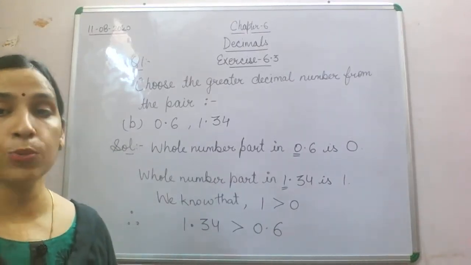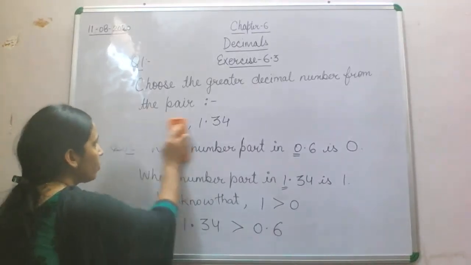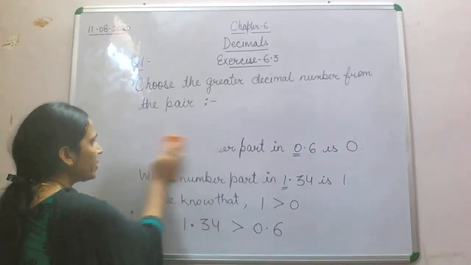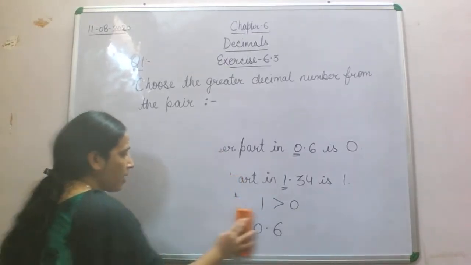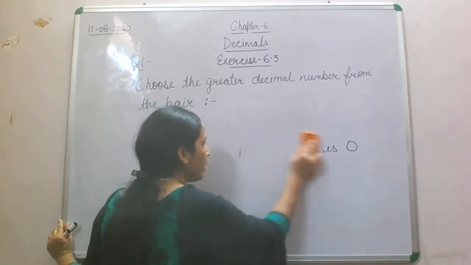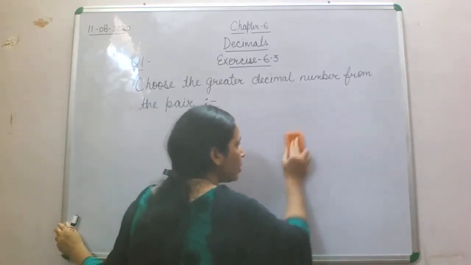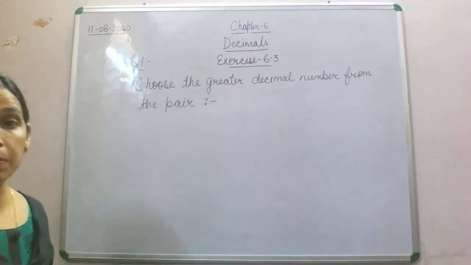Now here is a twist in the C part. In the C part you have not been given different whole number parts. You have been given equal whole number parts. It means you have to compare the decimal part.